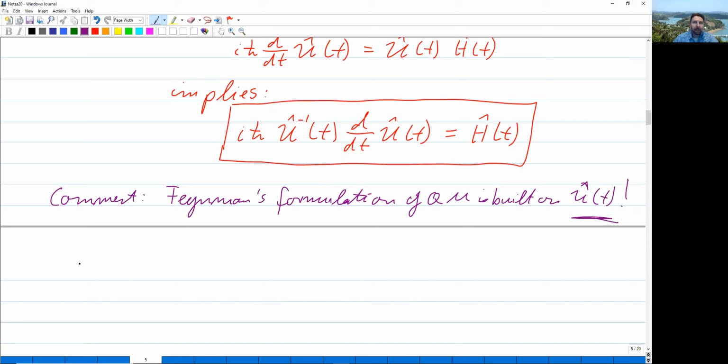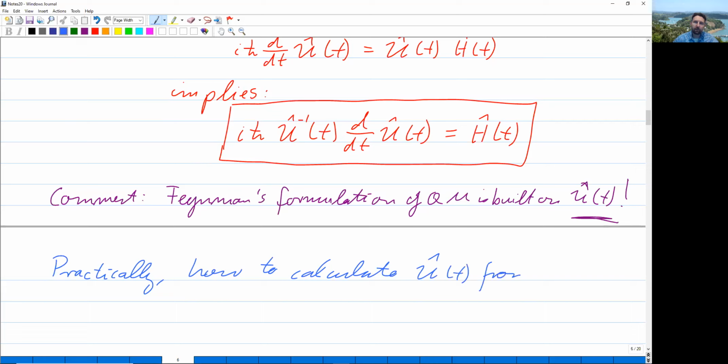Now, let us come back to the question of how to calculate U hat of t from H of t. Practically, we will later in this course get back to Feynman's formulation, but for now, let's work within the framework that we have developed. So practically, how to calculate U hat of t from H hat of t?